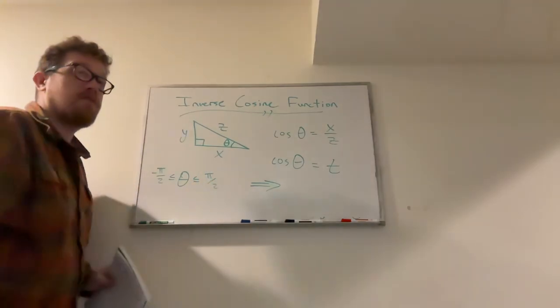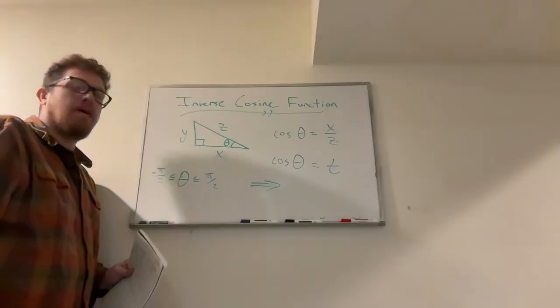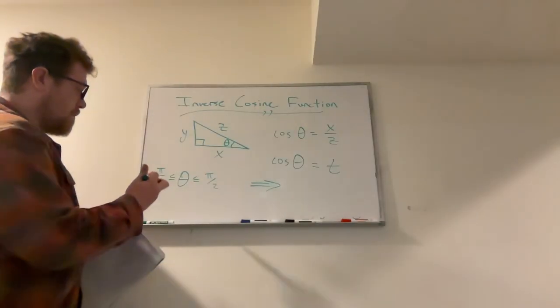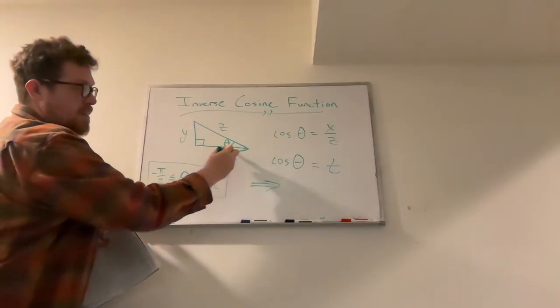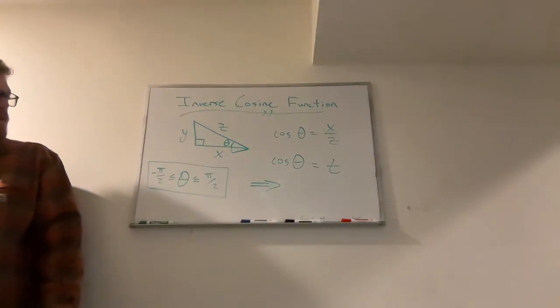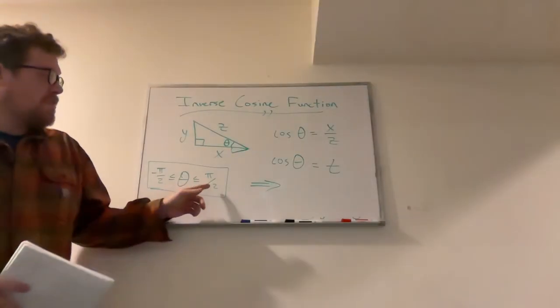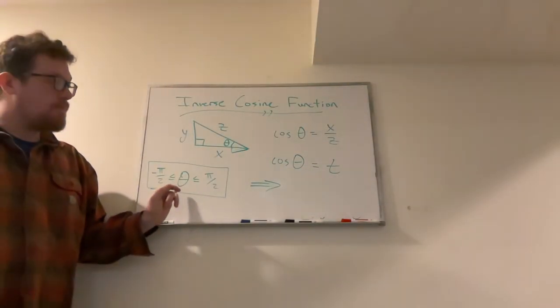Or no, actually, you can't do every 2 pi. I think it's only every pi. Yeah. So as long as theta is in this range, and a negative angle would be something down here, then I can actually recover the angle uniquely.